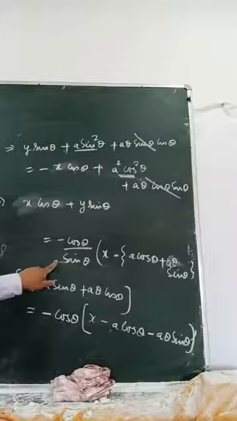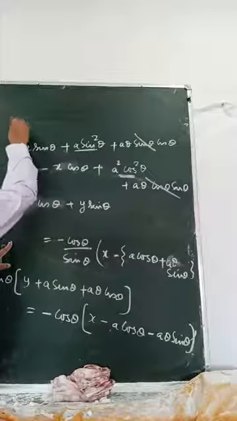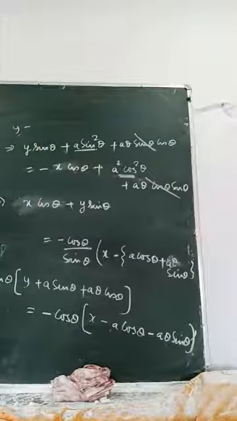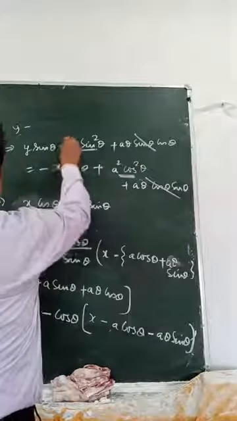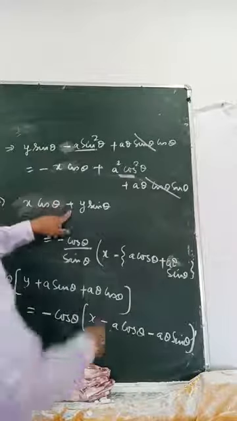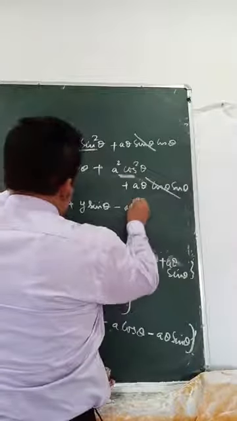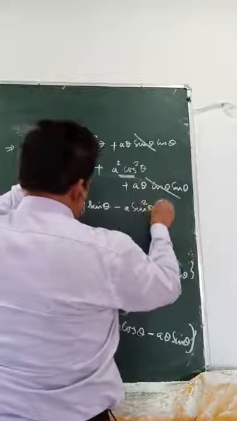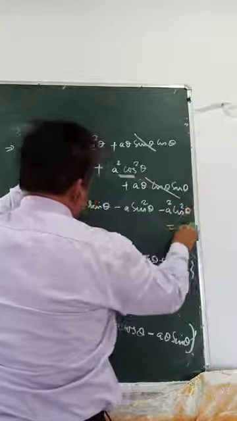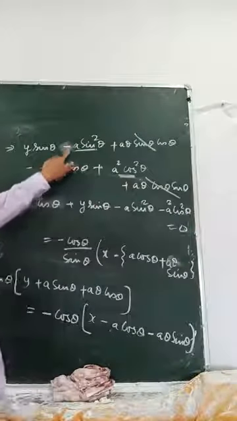The previous part: y minus y1 is a sin theta minus a theta cos theta. Yes, this is minus, sorry. So minus a sin square theta minus a square cos square theta equals 0. So there is a mistake, try to rectify it here.